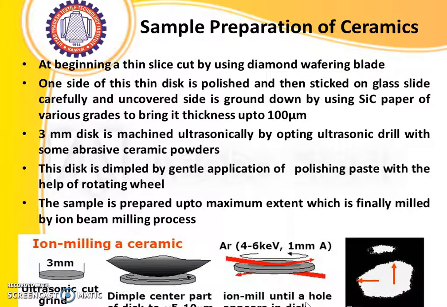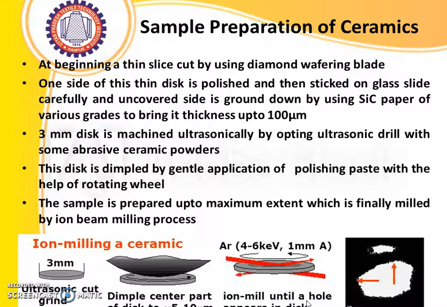At the beginning, a thin slice is cut using a diamond cutting blade. One side of this thin disc is polished and then stuck on a glass slide carefully. The uncovered side is ground down using SiC paper of various grades to bring its thickness down to 100 micron.